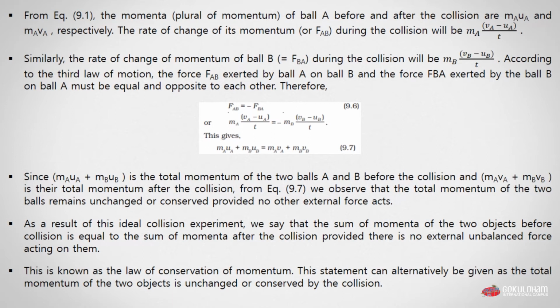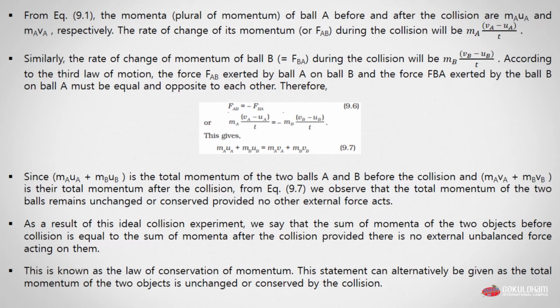According to the third law of motion, the force FAB exerted by ball A on ball B and the force FBA that is exerted by ball B on ball A must be equal and opposite to each other, and therefore FAB equals minus FBA.